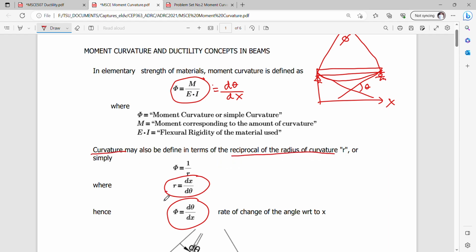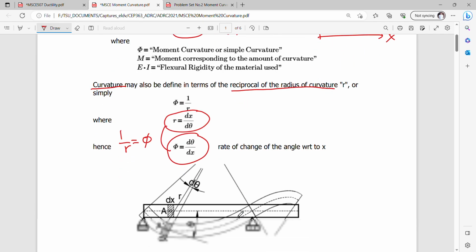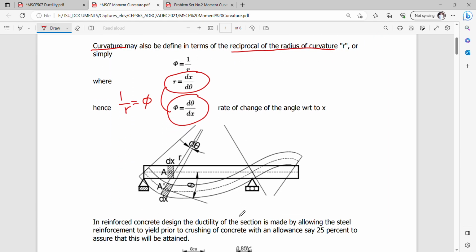So these two are reciprocals. Phi is equal to 1 over r, or r is equal to 1 over phi. This rate of change of the angle can also be defined in terms of the rate of change of d theta with this differential strip dx, measured originally from this straight beam, then going to this curved beam here.